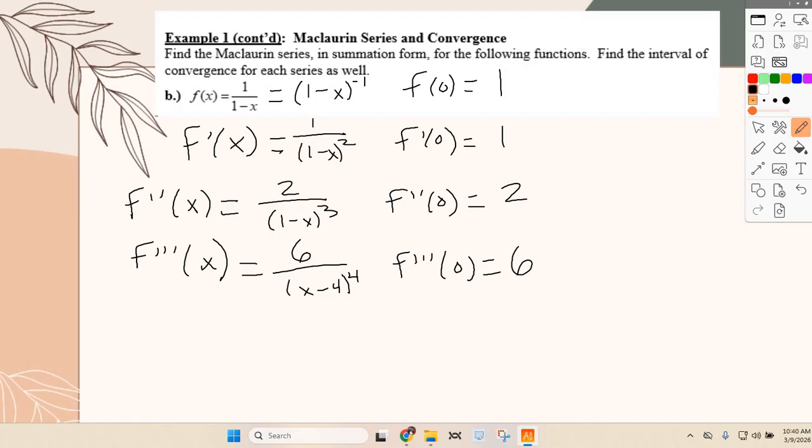Notice that if we took another one, what would I get there? Like what number? 24. What numbers do those look like? Factorials. Okay. So we want to start looking for our patterns as early as possible, if we can. So it looks like our f to the n of 0 is just whatever our n factorial is.